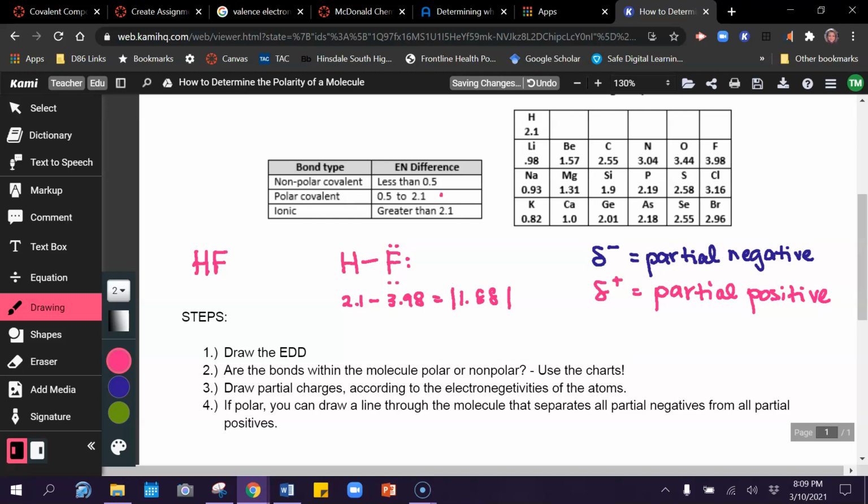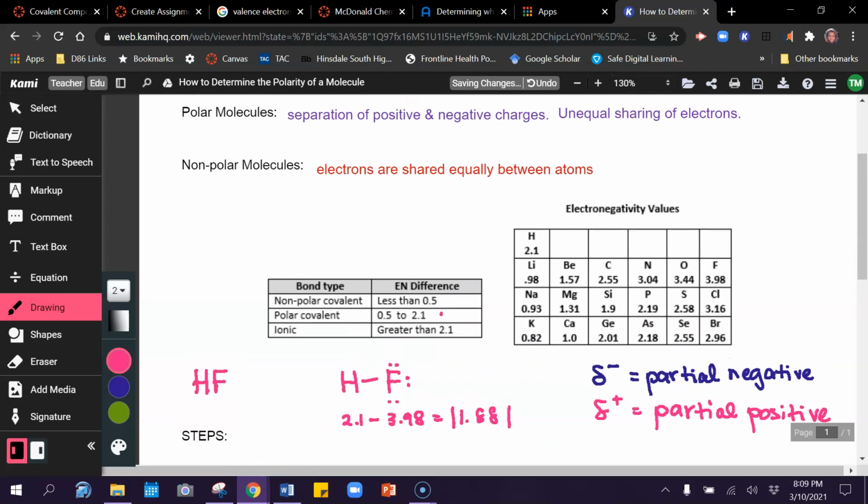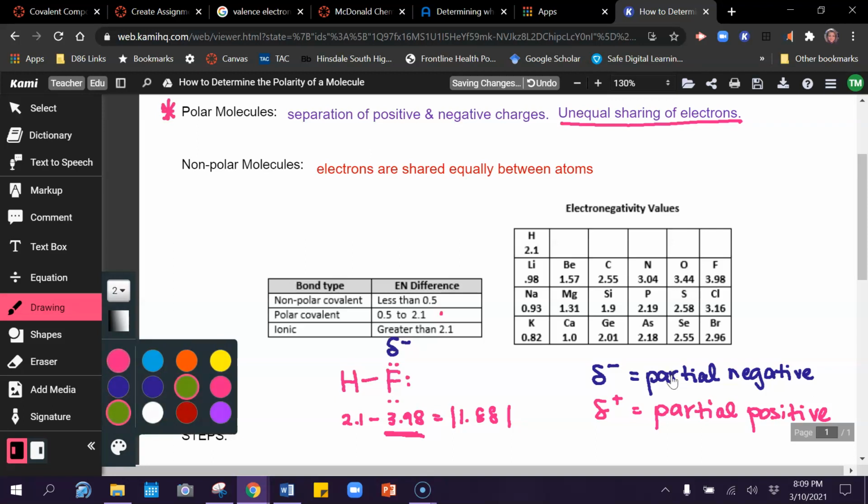Since it's a polar covalent bond, let's go back up to my polar molecule. Since it's polar covalent, it means that we have an unequal sharing of electrons. And what this means is that my fluorine, having the greater electronegativity value, is going to have a partial negative charge, while my hydrogen, having the lower electronegativity, has a partial positive charge.